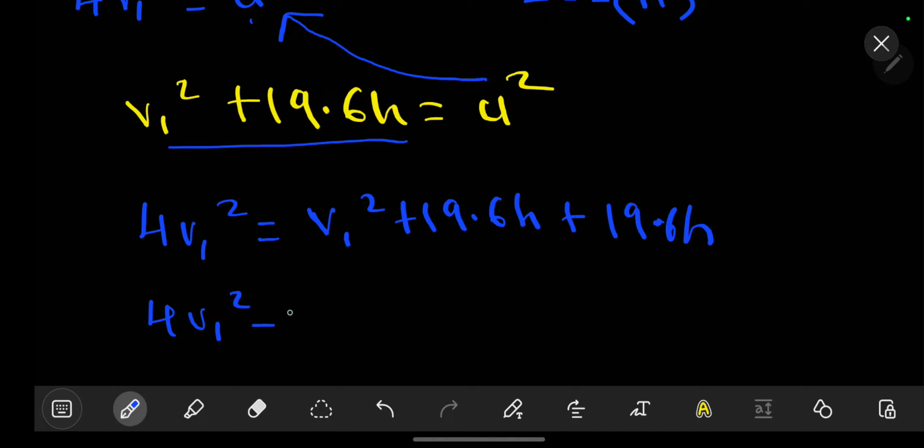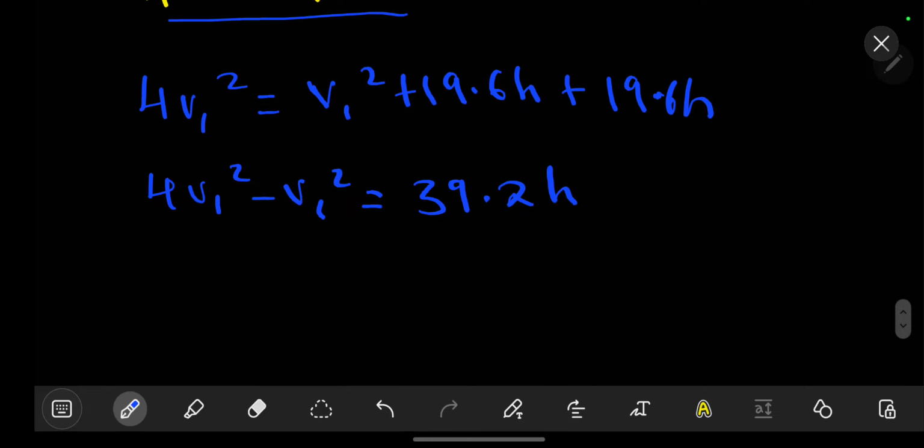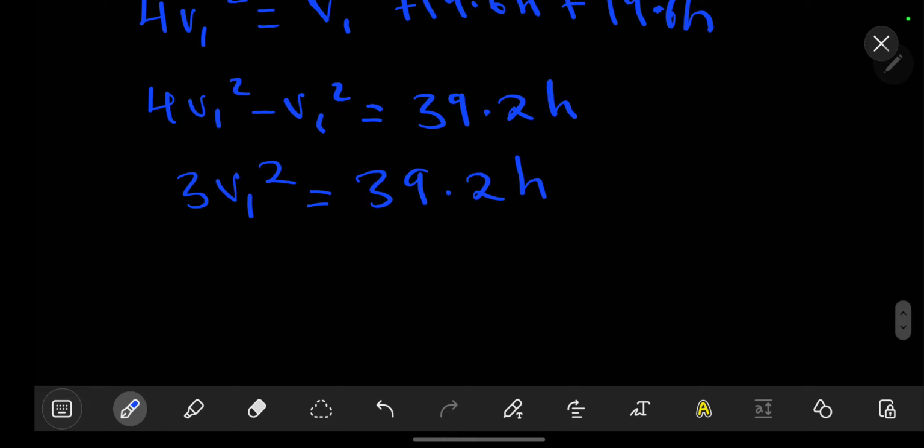So what we are going to end up with is 4v1 squared minus v1 squared should be equal to 19.6h plus 19.6h, which will give us 39.2h. So 4v1 squared minus v1 squared will give us 3v1 squared, which should be equal to 39.2h. So this is the equation that we are getting.